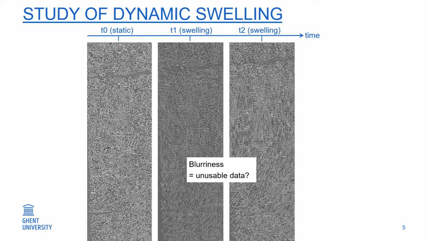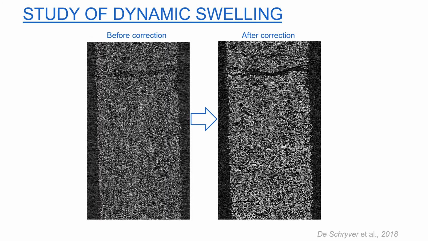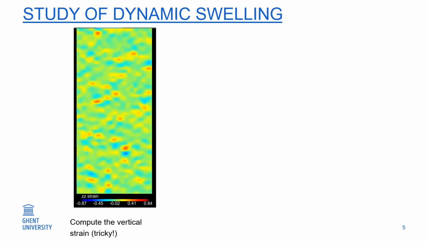However, this does not mean that we cannot use this data, because as we have a time series, we can effectively compensate these motions and retrieve a time series of sharp images with a framework presented by Desbrée in 2018. From a series of sharp images, we can apply digital volume correlation and look at the vertical strain field.